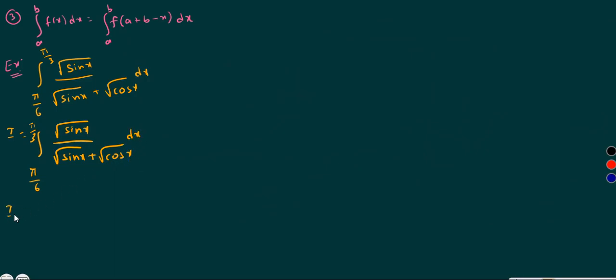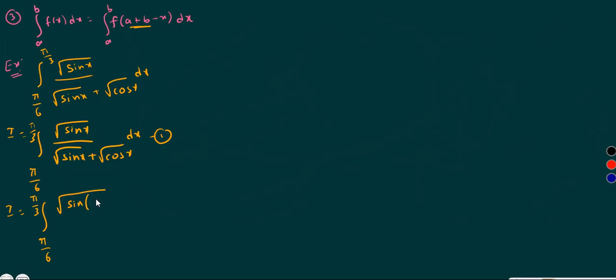So now I equals the integration, this is equation 1, from pi by 6 to pi by 3, of square root of sine of, in place of x we write a plus b minus x.